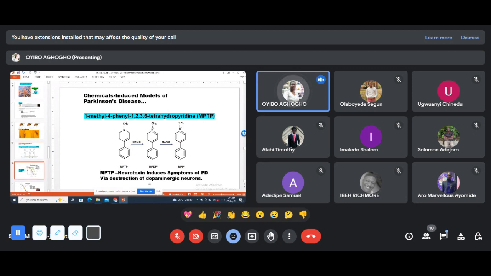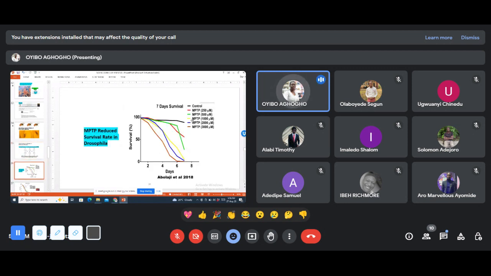And so we saw, can you imagine this picture, that even from the least dose, it was already showing the effect. Can you see that the control is still very up there? But the survival of those that already had that disease was already down. So survival is very important, because if any disease occurs, as it begins to affect the different mechanisms, it will lead to shortening of lifespan.